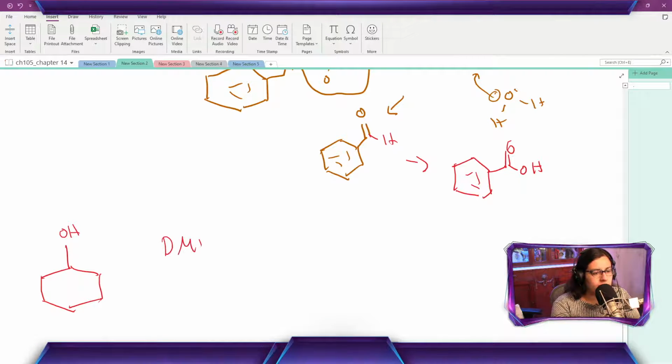And this is another oxidant. You might also see PCC. It's another oxidant, in the presence of an organic halide solvent. And so this would take this alcohol to the ketone.